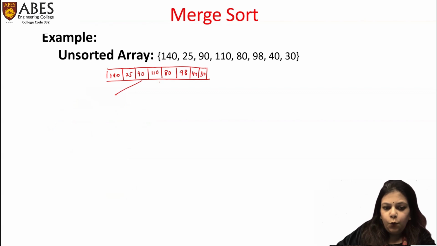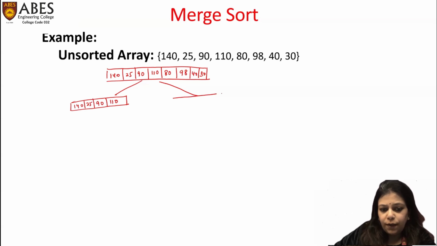This will be divided into two halves, having 4 elements in each half. This will be 140, 25, 90, and 110 will be stored in one array. Recursively, we have to call the merge sort. And then 80, 98, 40, and 30 will be called separately.